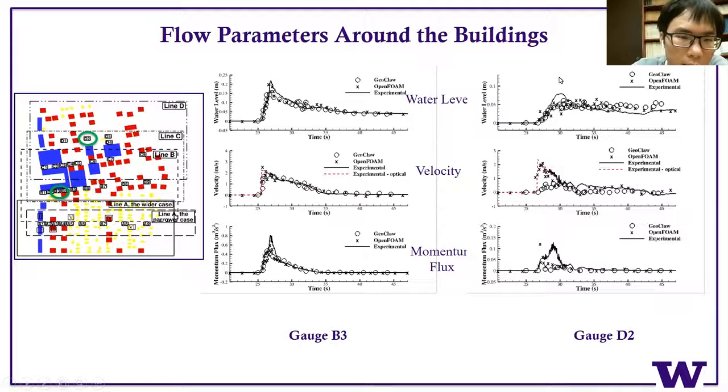This is because all locations A1 to A9, B1 to B9, and C1 to C9 are along a street, but D1 and D2 are behind a building where the flow can be much more complex, and the 2D model has some difficulty predicting flow parameters there.